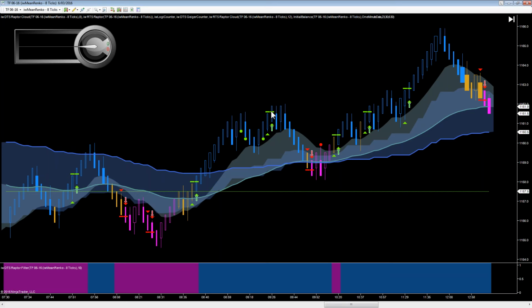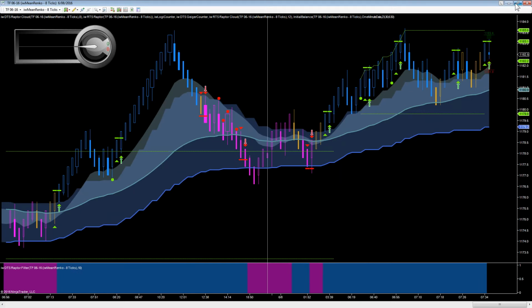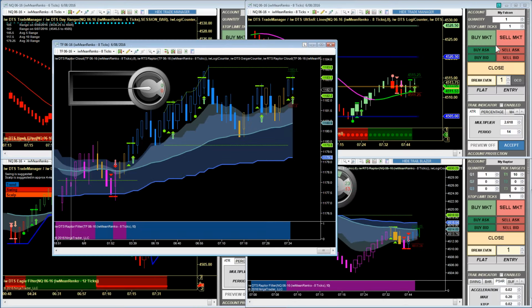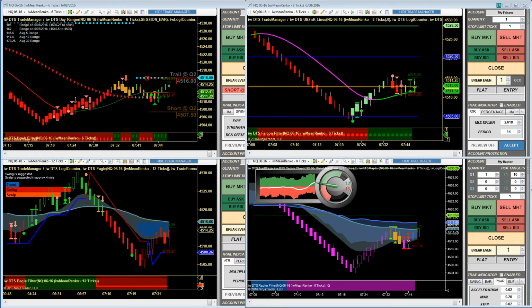A nice cloud crossover. The market retreats into the cloud, comes out, produces a cloud crossover signal. All right, so we'll put that back on the shelf.